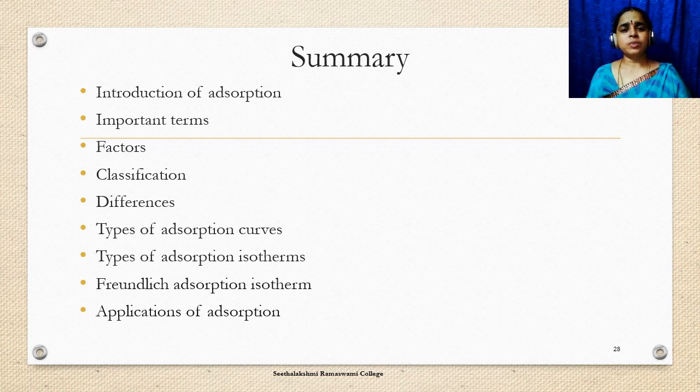Classification of adsorption. They are classified into physisorption and chemisorption. Difference between them. Then types of adsorption curves and types of adsorption isotherms, Freundlich adsorption isotherm, and the applications of adsorption.